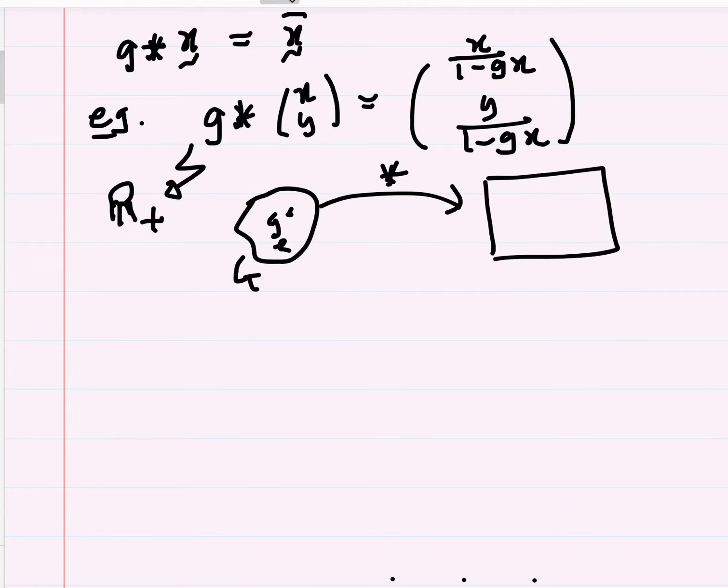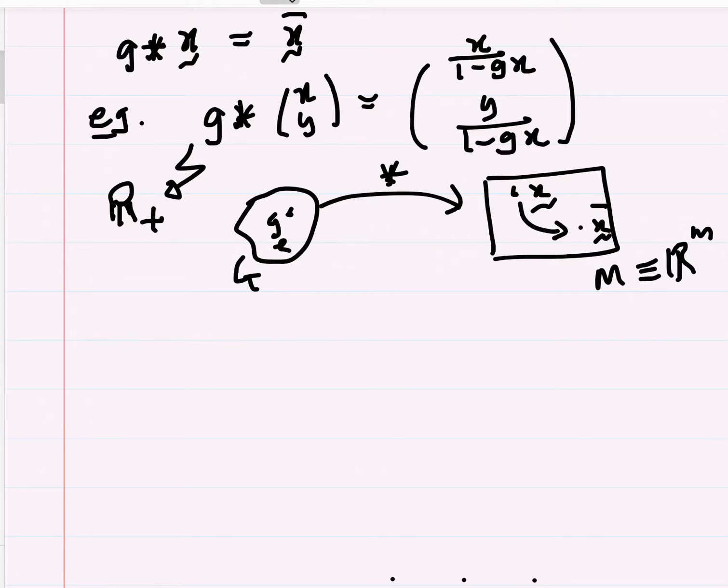And so this is your manifold, which in this example would be R2, but we're looking at a general case. So what happens is g acting on some point on the manifold gives you a new point on the manifold, x bar, say.